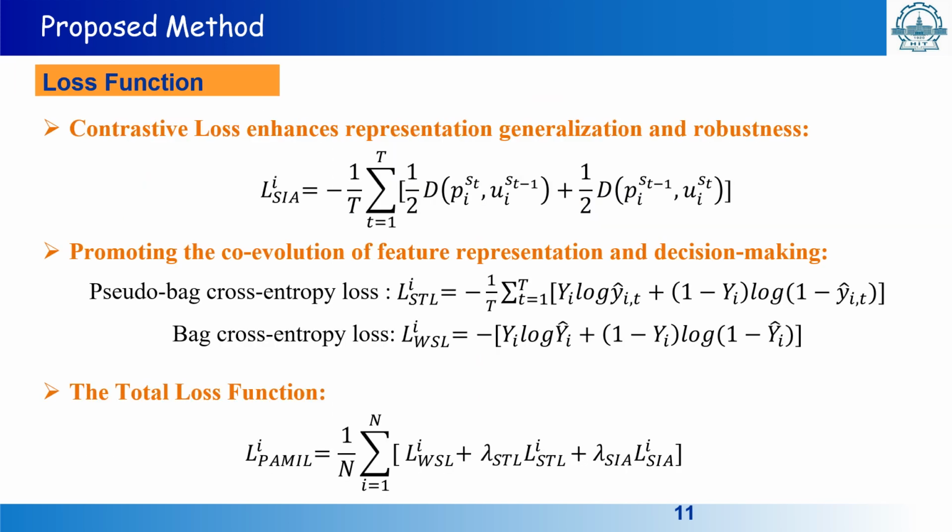To achieve collaborative learning between feature representation and predictions for high-quality representation and better decision-making, we explore practical composite constraints on bag probability, pseudo-bag probability, and contrastive learning involving bag cross-entropy loss, pseudo-bag cross-entropy loss, and contrastive loss.